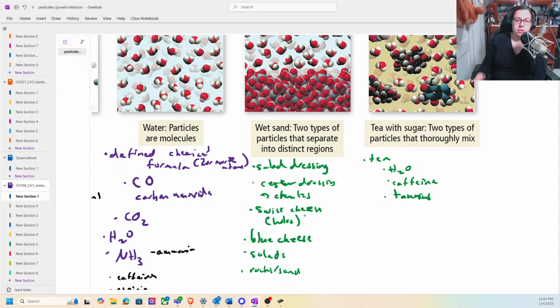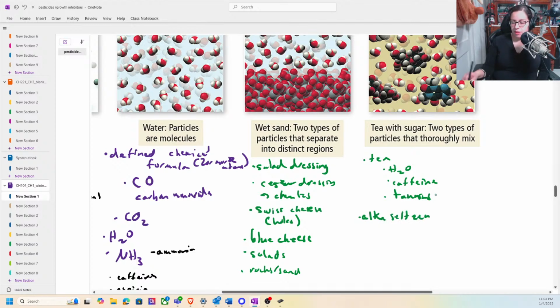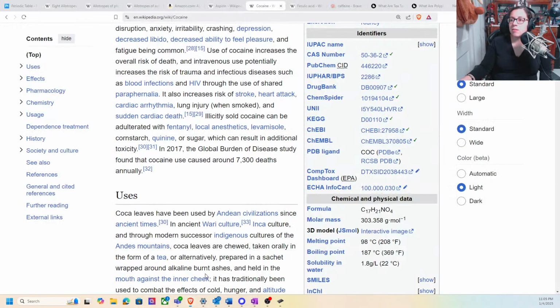And so let's look at other mixtures. A tricky one is Alka-Seltzer. Let's spell that. I'm especially looking at this cold one. So let's pull up the ingredients.